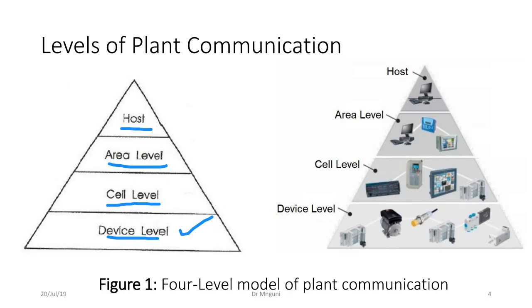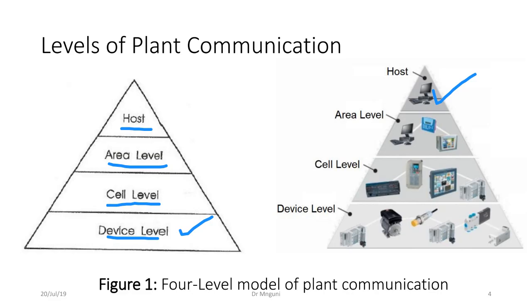And then in cell level 2, we've got our HMIs, our mini PLCs, and our industrial computers. In area level 3, we've got our office computers as well as our smart PLCs that are actually doing all the SCADA system. And then in our host right on top, we've got our office computers.